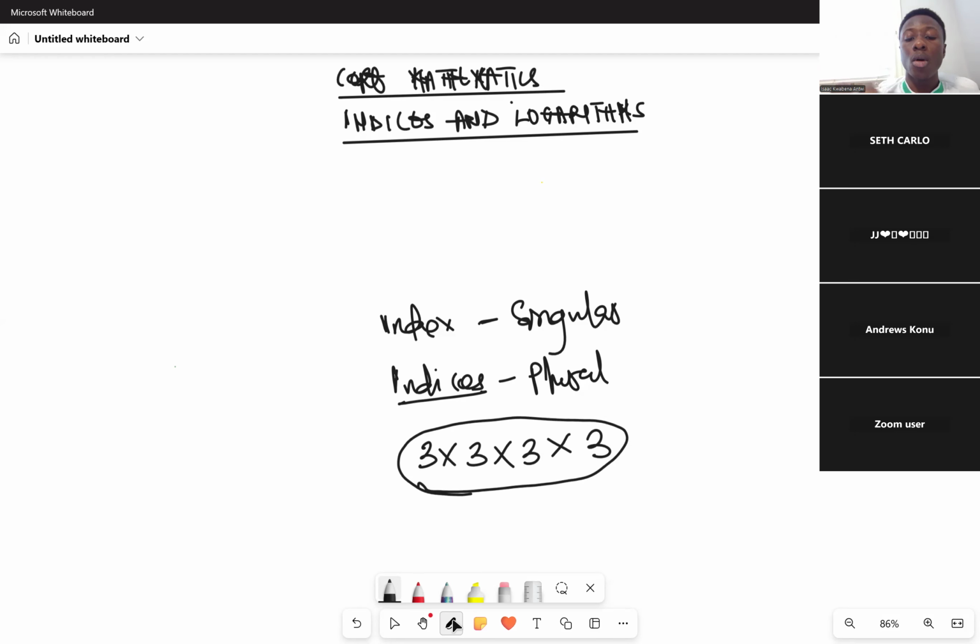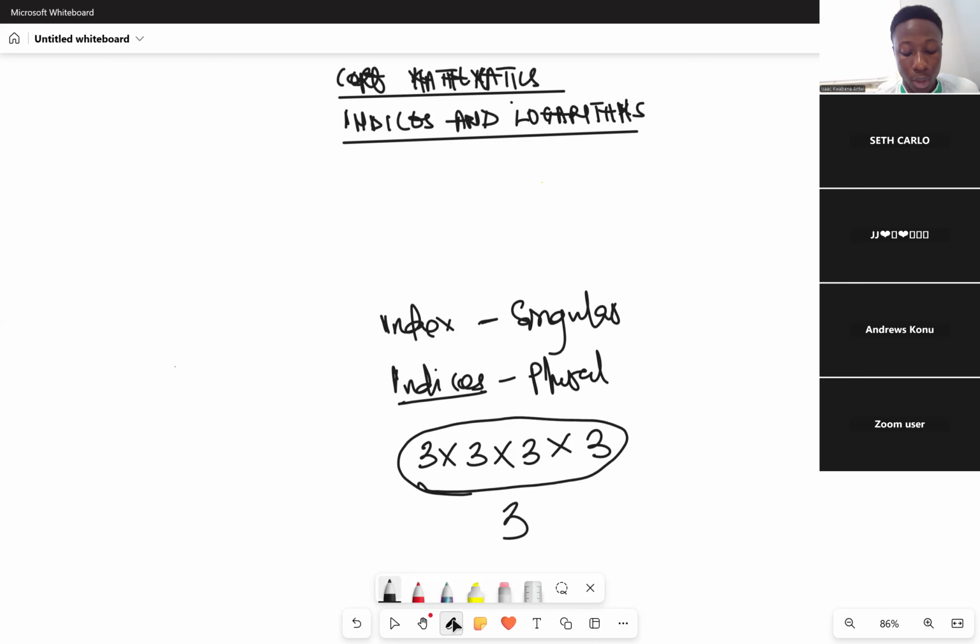So when you have a series of numbers being multiplied against one another like this, indices is the simplest way of writing this, okay? And it makes it brief.